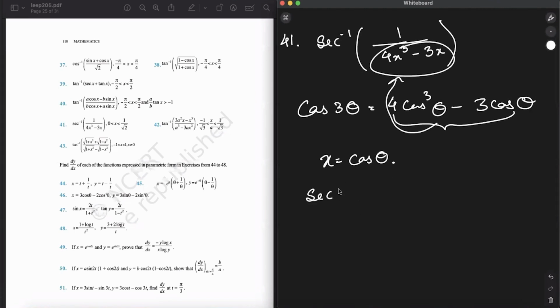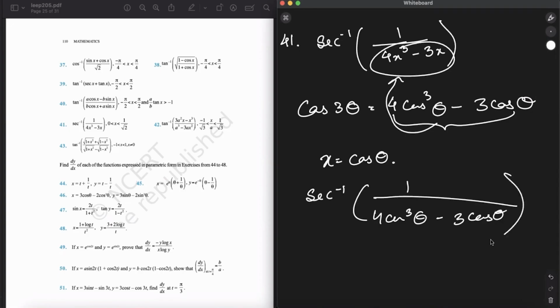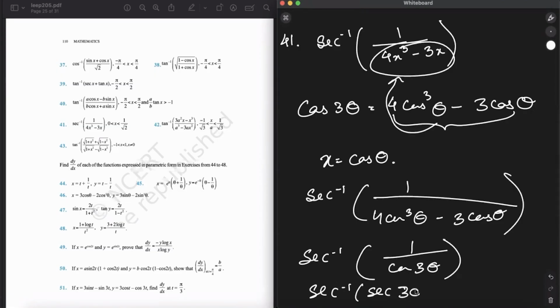I'll get secant inverse of 1 upon (4 cos cube theta minus 3 cos theta), and this is nothing but 1 upon cos 3 theta. And this is sec inverse, this is cos. So if I write it in sec, it will be sec 3 theta. So I'll be left with 3 theta.